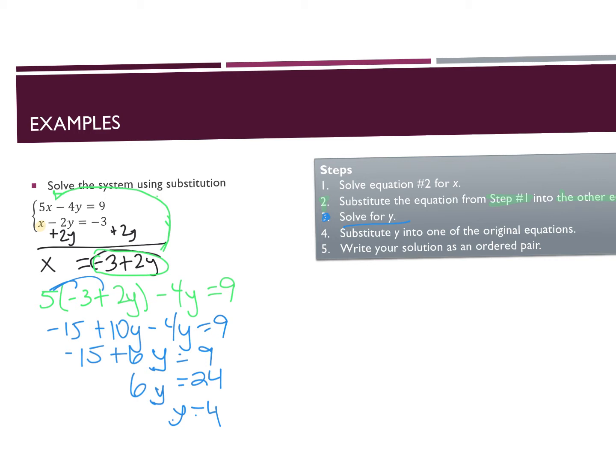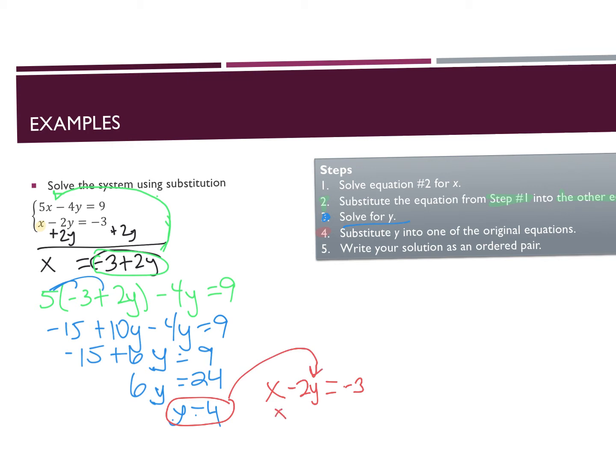So notice that in our next step, we're going to substitute y into one of the original equations. Okay, so you really just can pick whichever equation you feel looks easier. I would probably choose equation 2 because it is easier looking, like the numbers are smaller. So x minus 2y equals -3. Okay, and we're going to put the 4 in for the y.